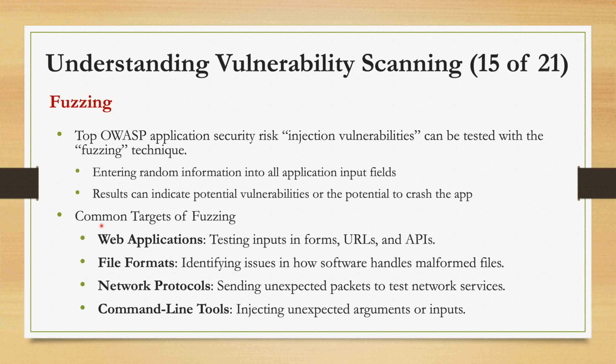Okay, so there are different types, by the way. You've got the web application, testing inputs in the form, URL, and API; file format, identifying issues in how software handles malformed files; network protocols, sending unexpected packets to test network services; and command line tools, injecting unexpected arguments or input.